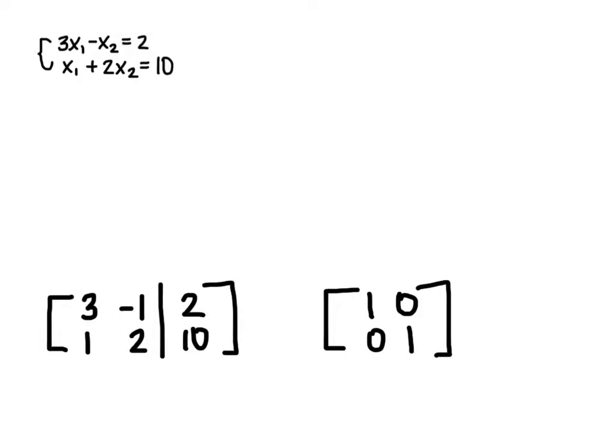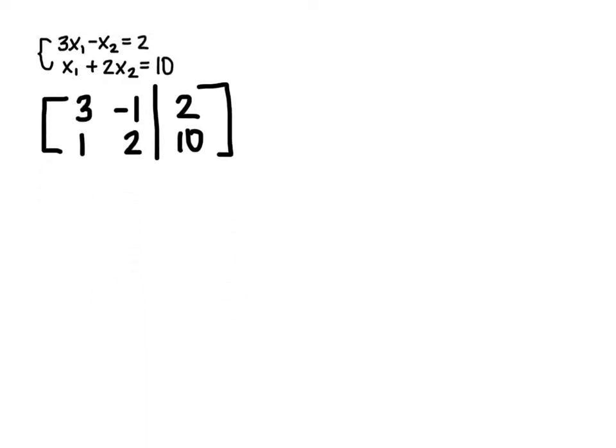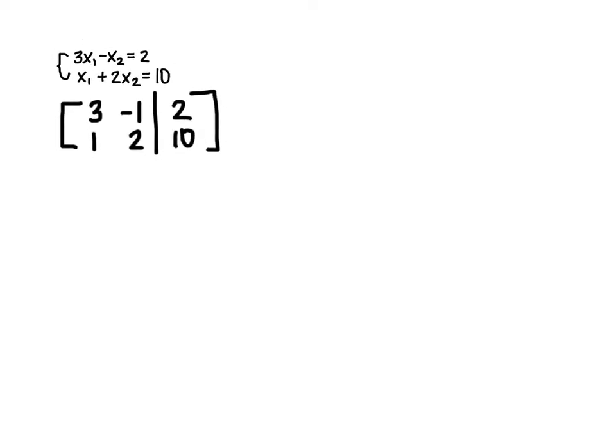So the first thing we need to look at is how I can transform the left-hand side of 3, -1, 1, 2 into the identity matrix. Looking at this, I already have a 1 in the location that I need.